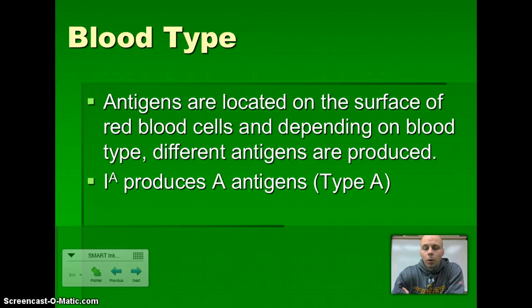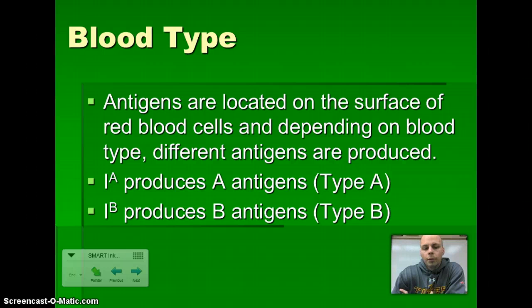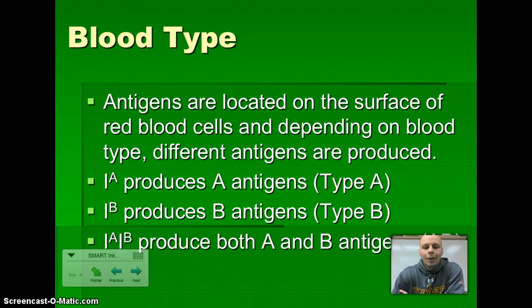If you have type A blood, you only have type A antigens inside your body. If you have type B blood, same thing, it only produces type B antigens. With the blood typing being co-dominant with A and B, when you have type AB blood, you are producing both the type A antigens and the type B antigens.